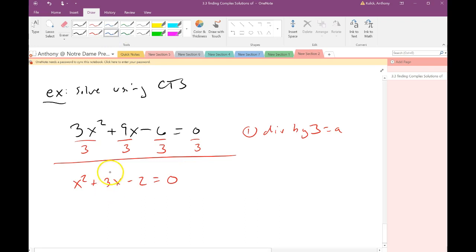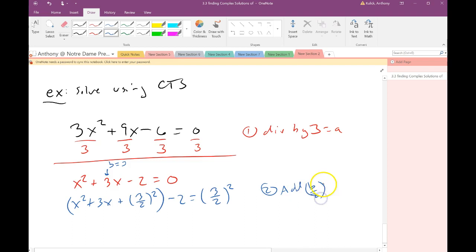And now I'm going to add, here's my new b value, b over 2 squared to both sides. And by b over 2, I really mean 3 over 2.